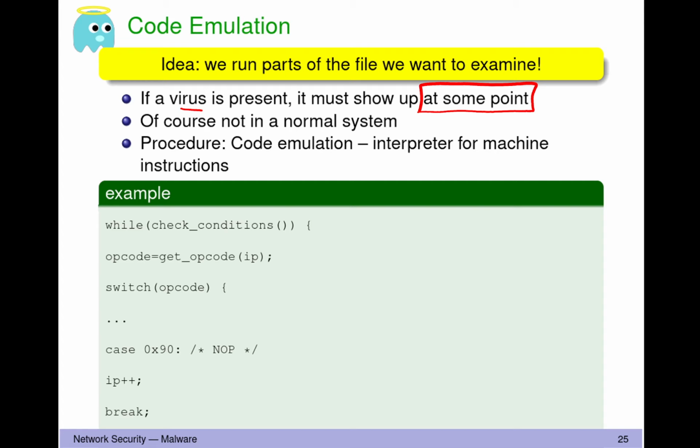We need to emulate the code, basically trying to identify what it's doing, trying to also have this debugging functionality that we also talked about, and then try to learn from behavior.